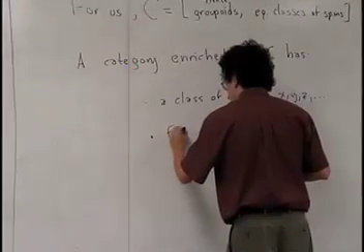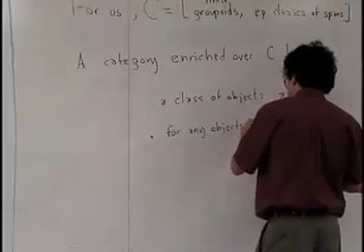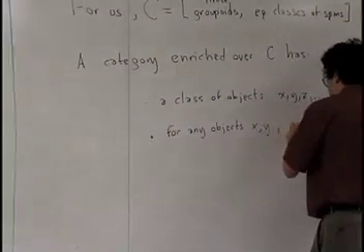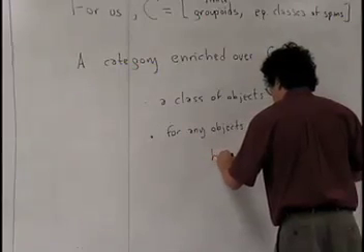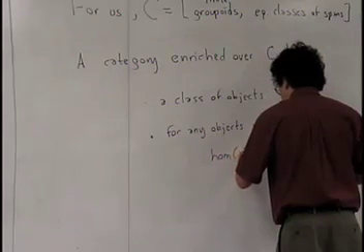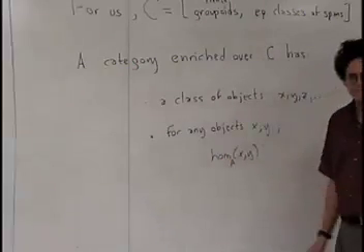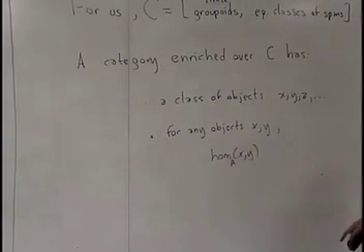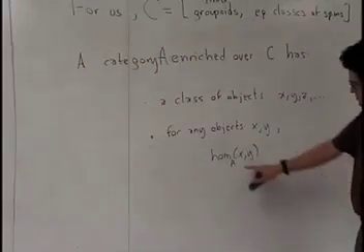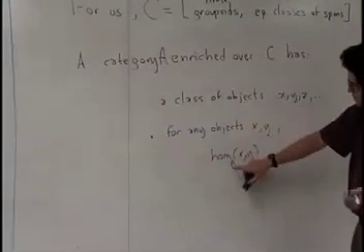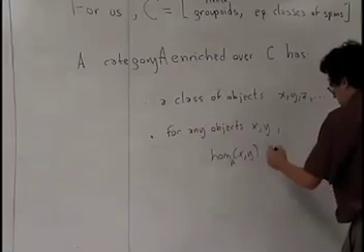For any objects x and y, we get hom x, y. Maybe to be very precise, I'll say in A, category A enriched over C. I'm just copying that notation because we had it on the board back there. You don't always need to say what category you're in.